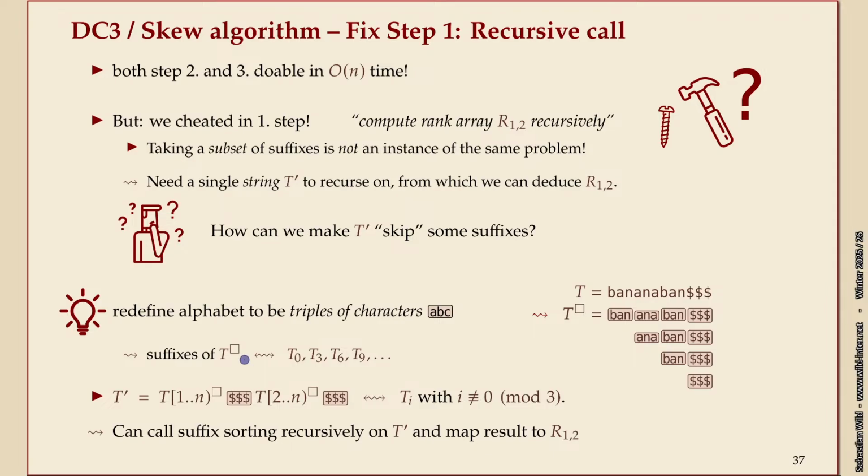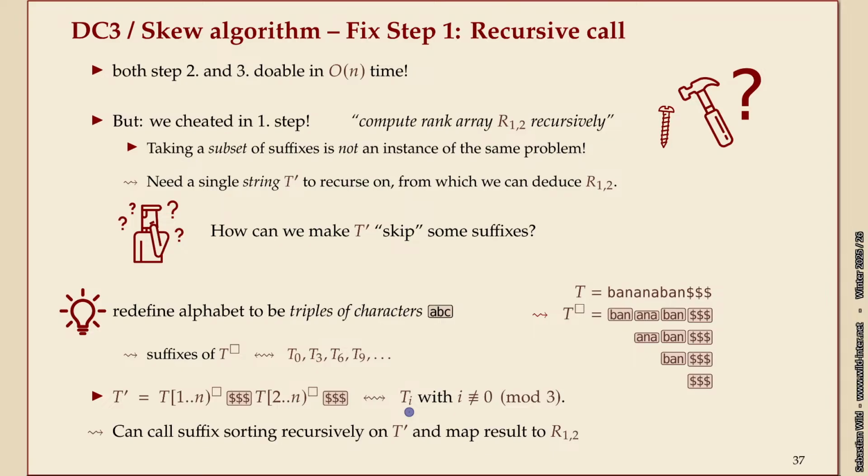Now, this is not exactly what we wanted, right? We wanted the ones that don't start at multiples of 3, but you can tweak this idea a bit. You take the ones that start at a multiple of 3 plus 1 and a multiple of 3 plus 2, so you concatenate 2 of these strings. And that's our t prime.